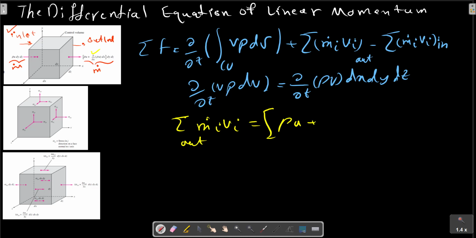rho u plus its change over dx, times dy dz, multiplied by the velocity vector.